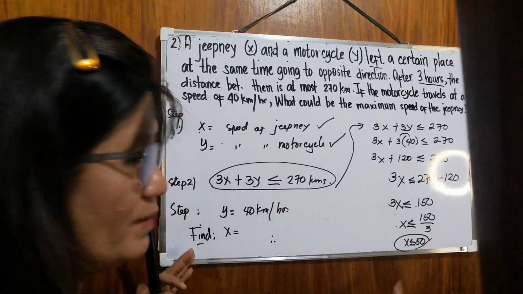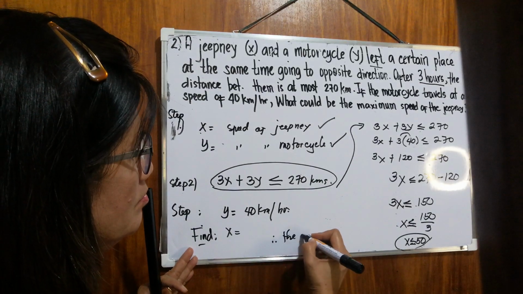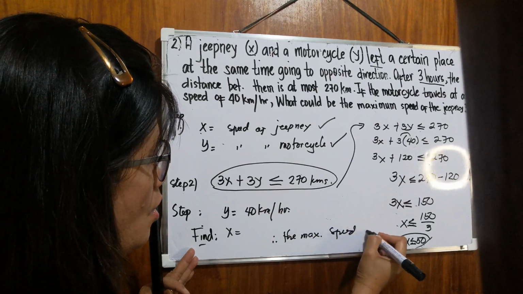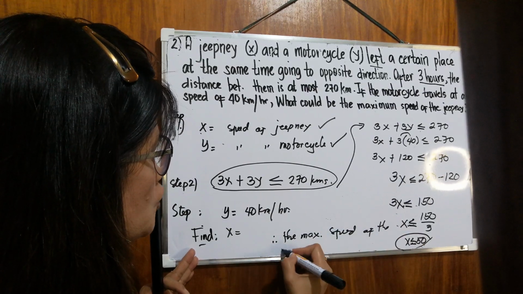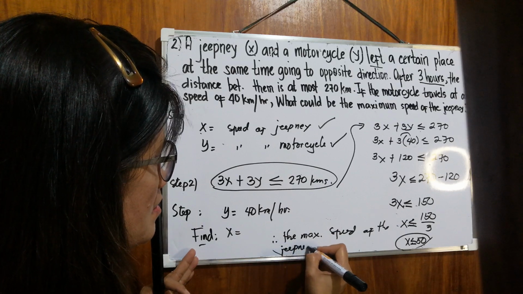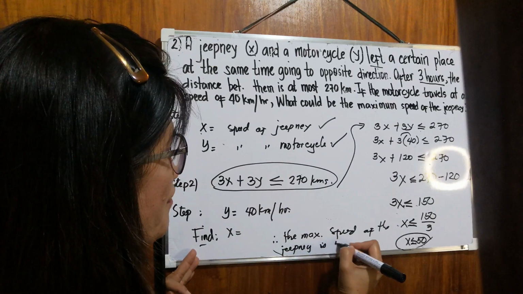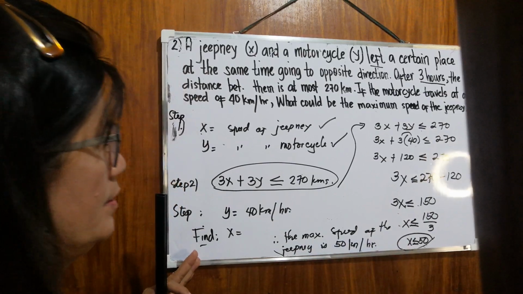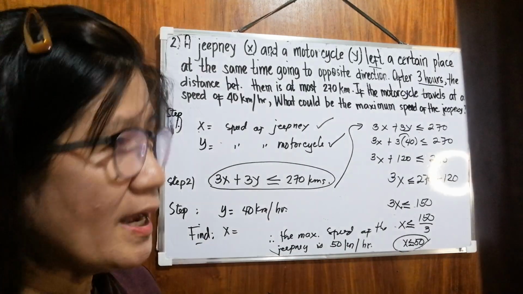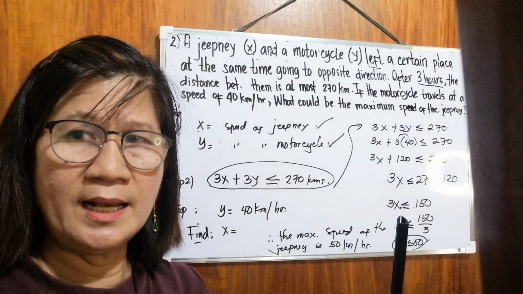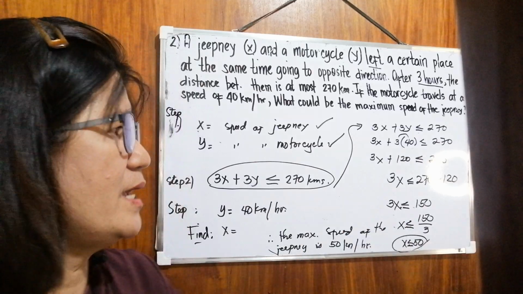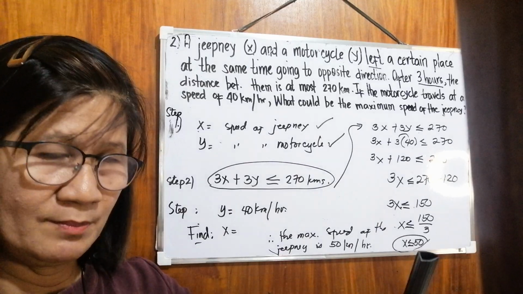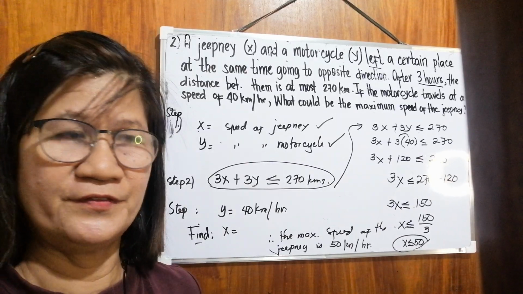Therefore, that means the maximum speed of the jeepney is 50 kilometer per hour. Okay? So, pag sinabi nating maximum, hanggang doon lang, hindi na siya pwedeng lumagpas. Kaya nga nakalagay dyan, less than or equal to, no? Hanggang 50 lang pwedeng bumaba. Less than or equal to 50.